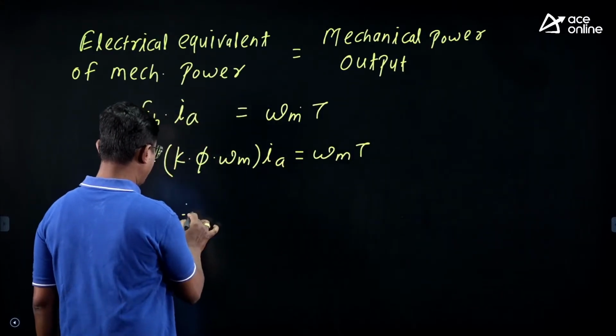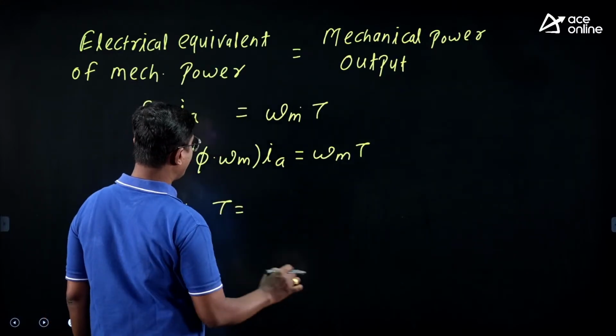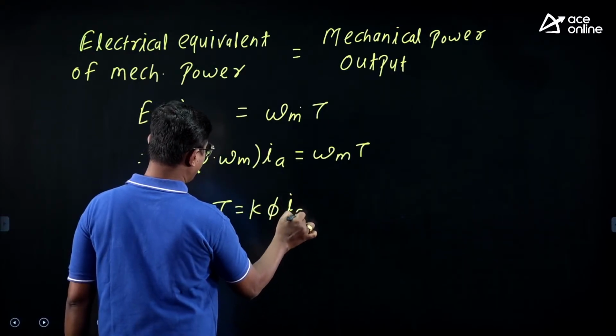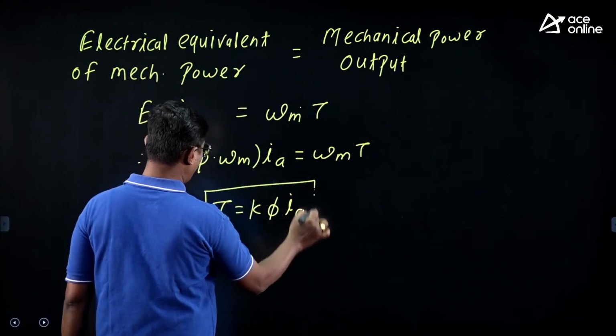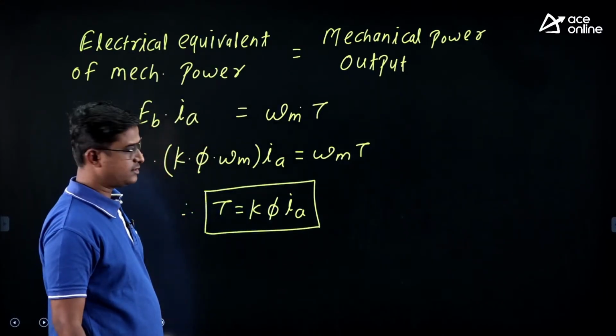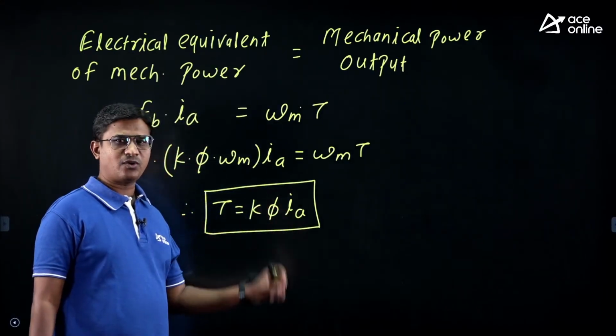So therefore I can write T equal to k into phi into IA. This also we know: torque is proportional to flux into armature current. So T equals k phi IA.